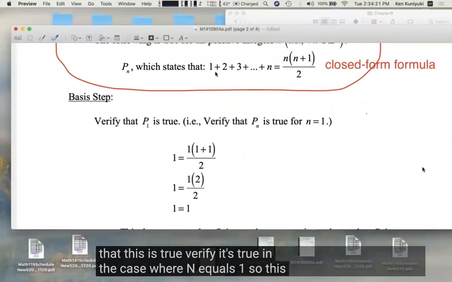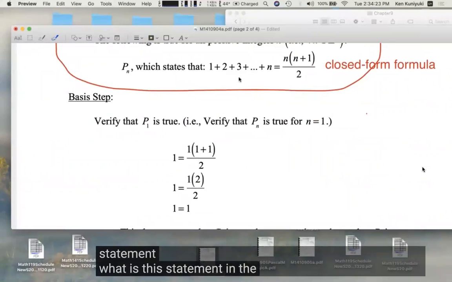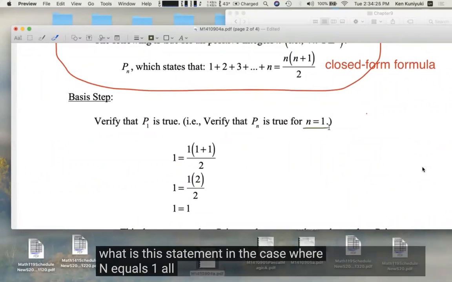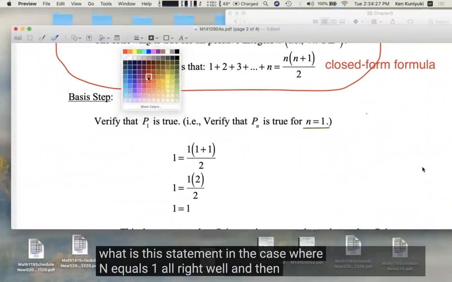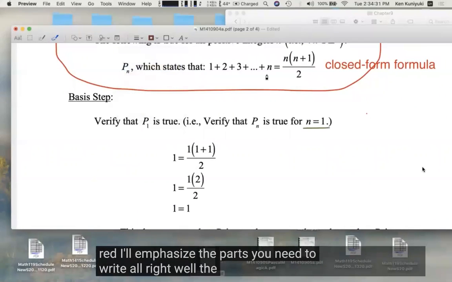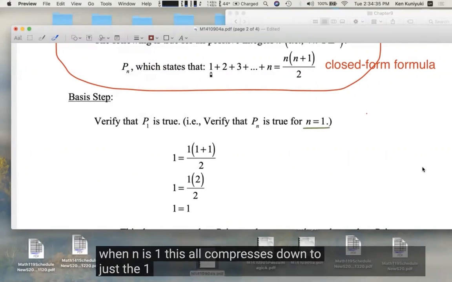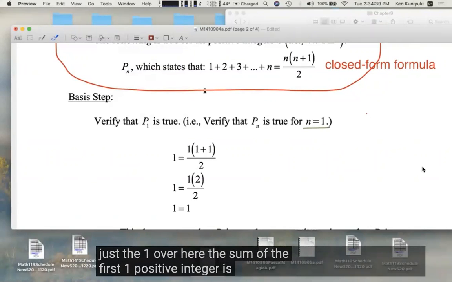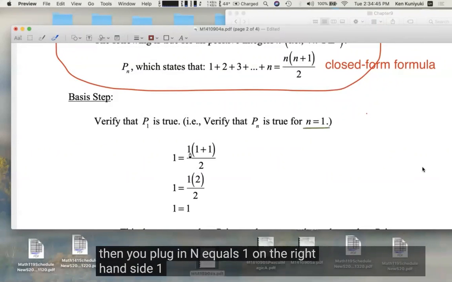So what is this statement in the case where n equals 1? In red, I'll emphasize the parts you need to write. The left-hand side, when n is 1, compresses down to just the 1 over here. The sum of the first one positive integer is just 1. And then you plug in n equals 1 on the right-hand side, 1 times the quantity 1 plus 1 all over 2.